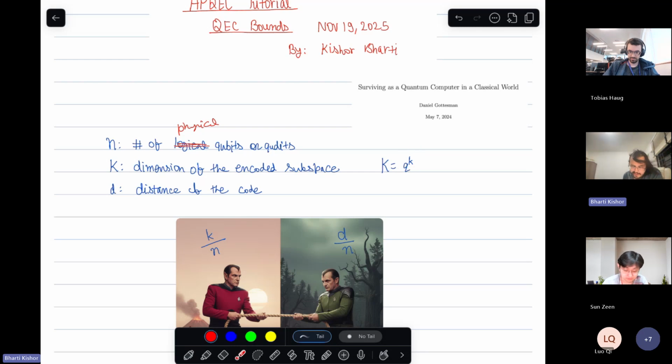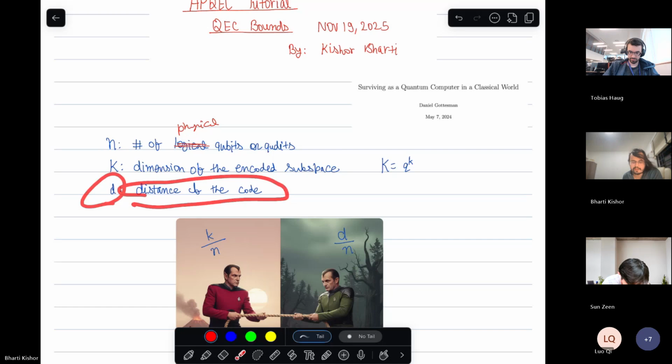So the dimension of the encoded subspace is q to the power k. And small d is the distance of the code. So these are the parameters.